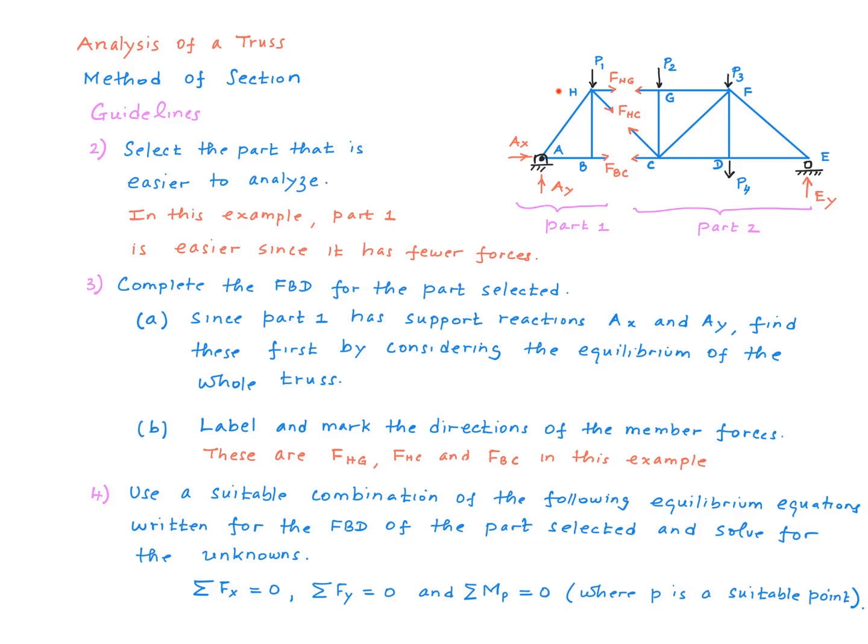Also, as part of completing the free body diagram for part 1, you want to mark and label these internal forces. Alright, so you also want to indicate arrows for those forces. Remember, the forces can either be tensions or compression, but I recommend that you assume them to be tensions, and your final answers will tell you whether your assumptions are right or wrong.